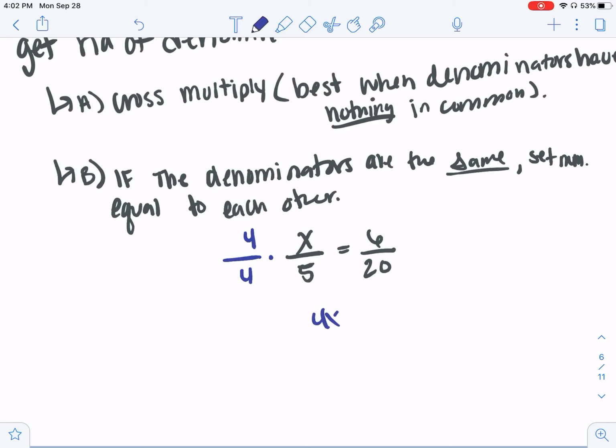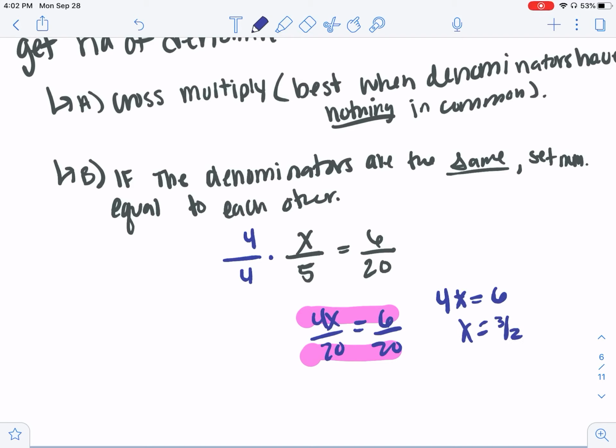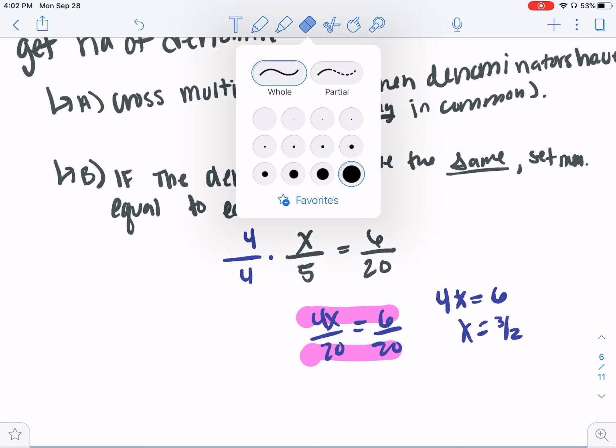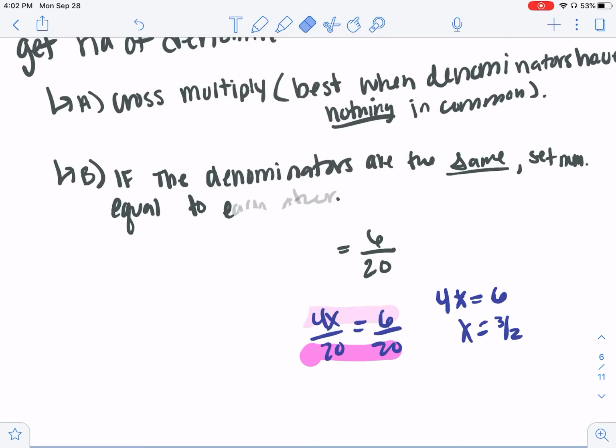That gives me 4x over 20 equals 6 over 20. And now I see that my denominators are the same. So I could say 4x equals 6, x equals 3/2. So the reason why I'm illustrating this here is to show you that if they're already similar, you can go ahead and use a well-chosen one to get the denominators to be the same, to set the numerators equal to each other. So that is a common method that we'll use as well.